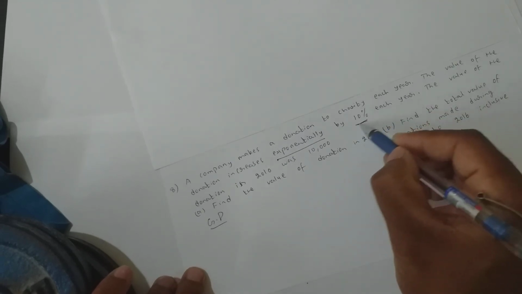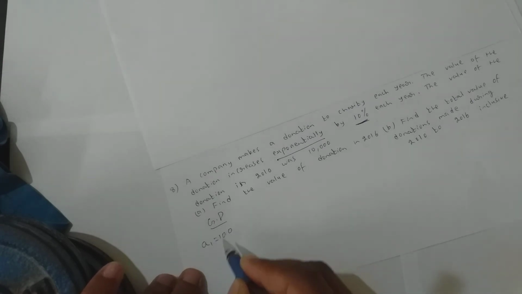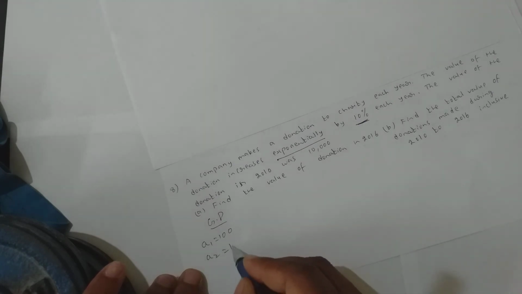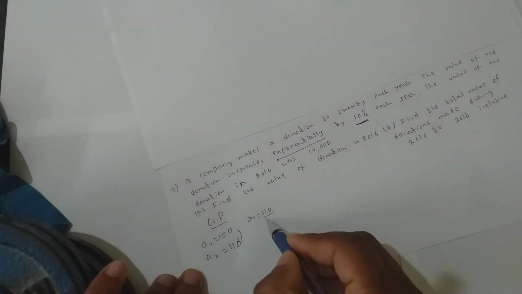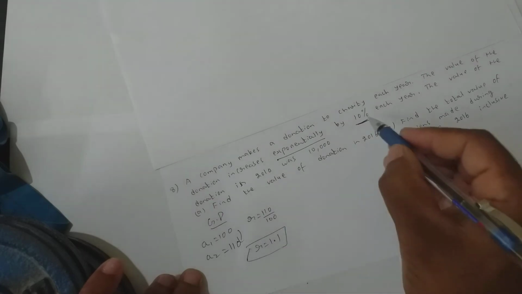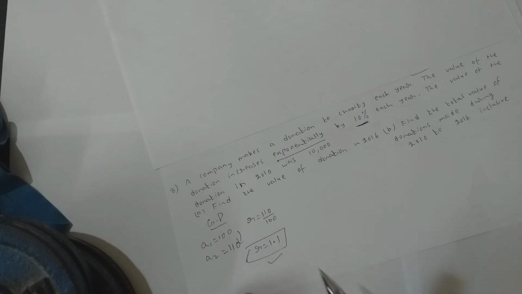So whenever they are giving 10%, how do you get the value for R? If my A is 100, how much will A2 be? It's increasing by 10%, so it will become 110. So my R now is 110 by 100, which is 1.1. So whenever given in terms of percentages, this is how you need to get a value for R.